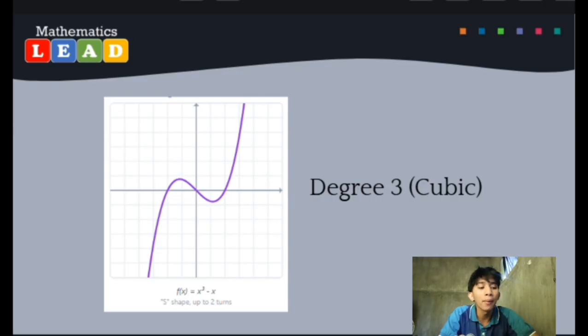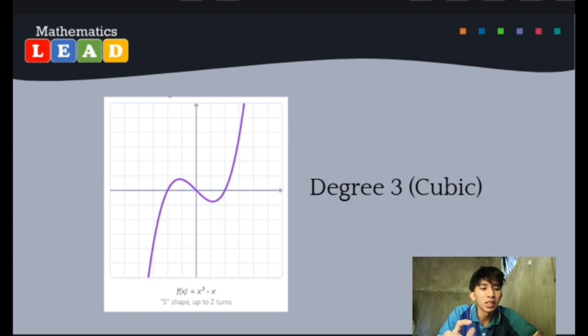It can go up, turn down, and turn back up again. And lastly, degree 4, quartic. Example, f of x is equal to x raised to 4 minus 2x raised to 2. The shape will be a W or U shape.